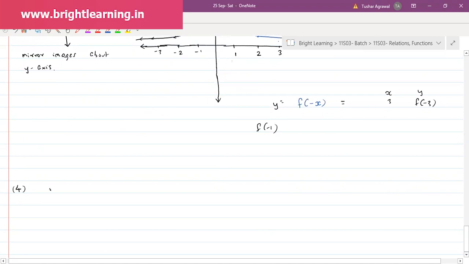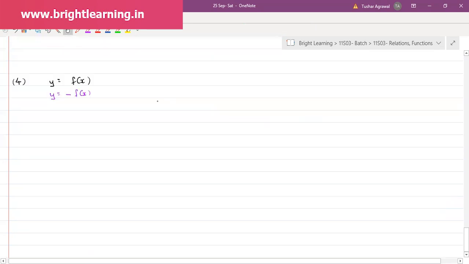Same, y is equal to f of x, and another thing that you have to plot is y equals, initially we plotted f of minus x, now you have to plot minus of f of x. This is a very easy graph.